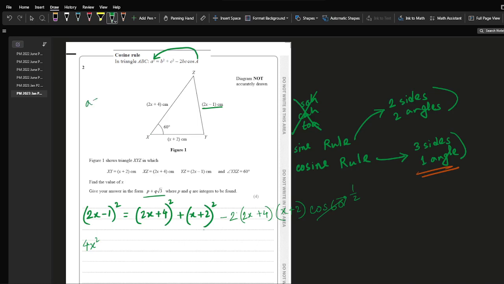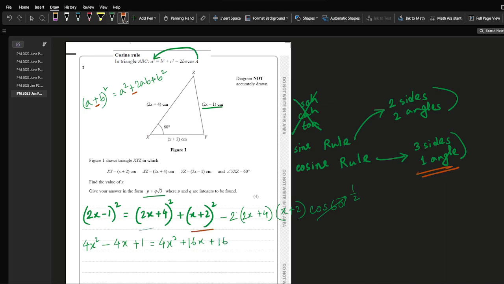We are going to use (a plus b) whole squared is equal to a squared plus 2ab plus b squared, and if you put a minus here, this becomes minus. So 4x squared minus 4x plus 1 is equal to 4x squared plus 4 2s are 8, 8 2s are 16, 16x plus 4 4s are 16. This is the first one.